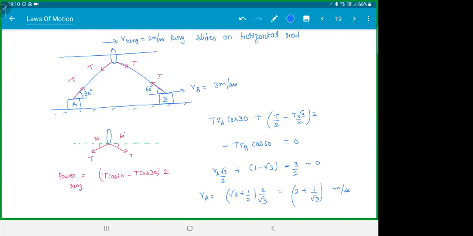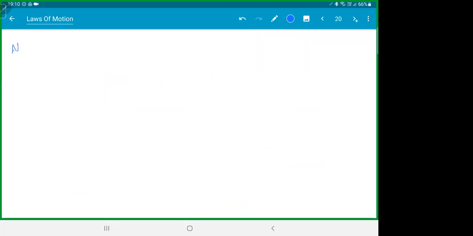What they are suggesting is an alternate method. I'll turn the page. So what they're saying is, put the observer on the ring. Solve with respect to the ring. Then the whole question becomes like the first problem. So 2 is going forward now. So this will be VA minus 2.